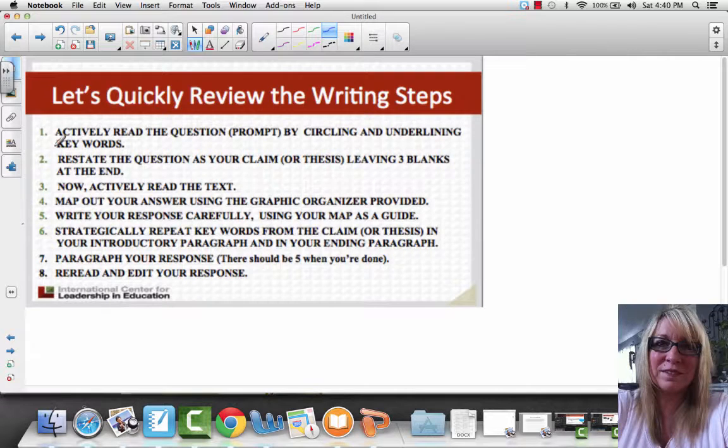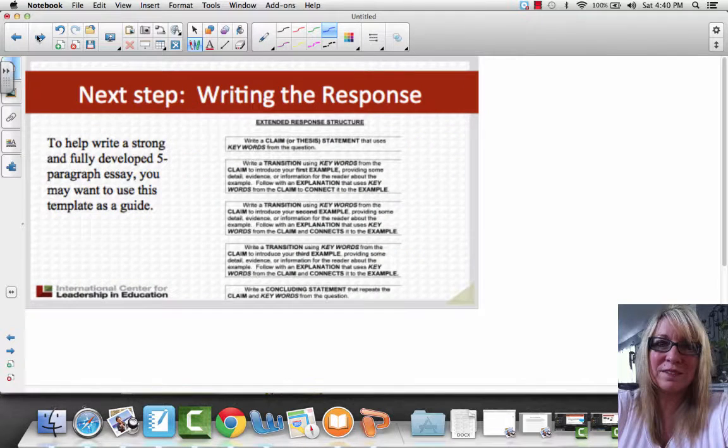Some ideas for writing out your response include, so to help write a strong and fully developed 5-paragraph essay, you may want to use this template as a guide. And this will also be posted in Schoology. You need to write a claim or thesis statement.